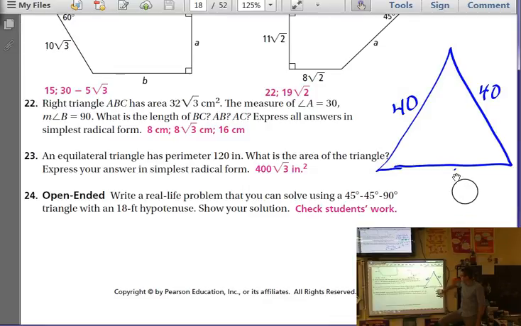But I'm actually going to do this instead. Because if I want to find the area, I need the height. So if I split this, I now have a 30, 60, 90.